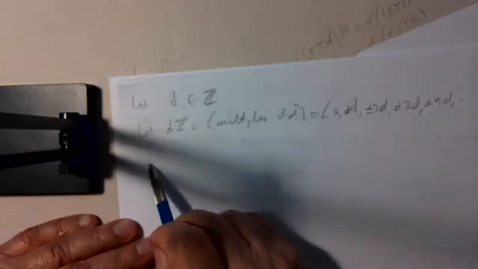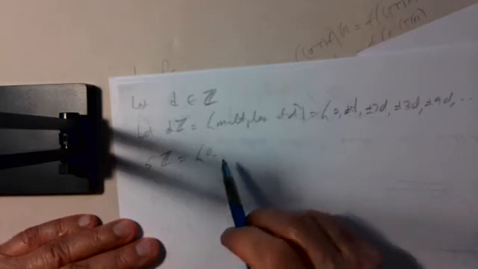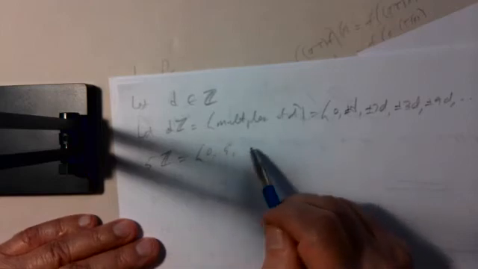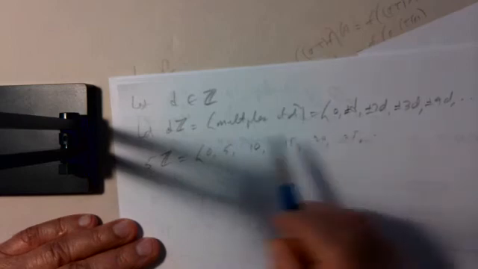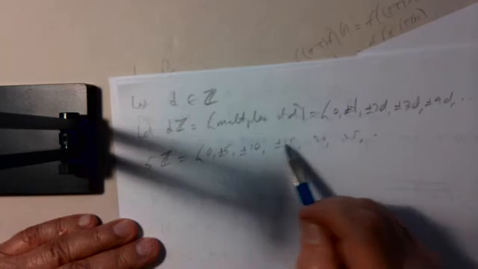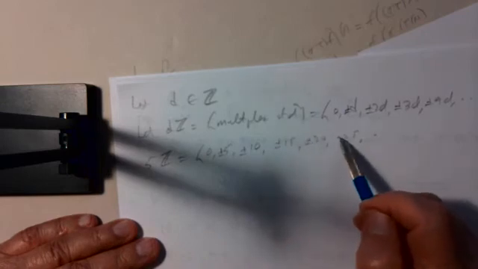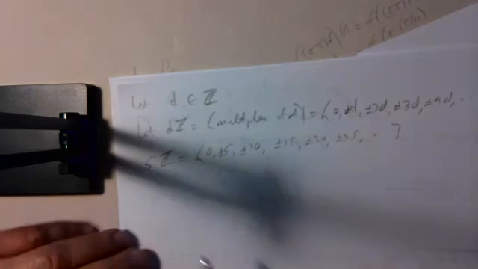So for example, 5Z is the set consisting of all multiples of 5: 0, 5, 10, 15, 20, 25, and so forth, and minus 5, minus 10, minus 15, and so on, right? So this is the set of all multiples of 5.